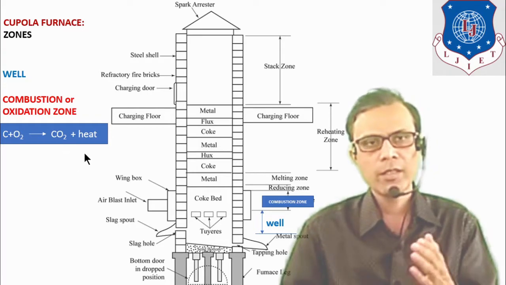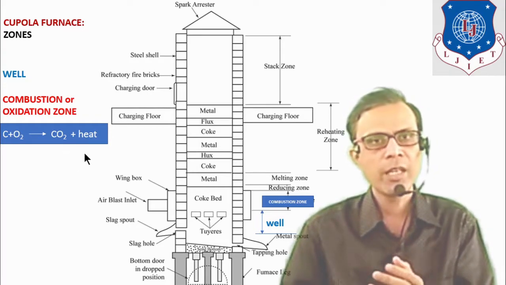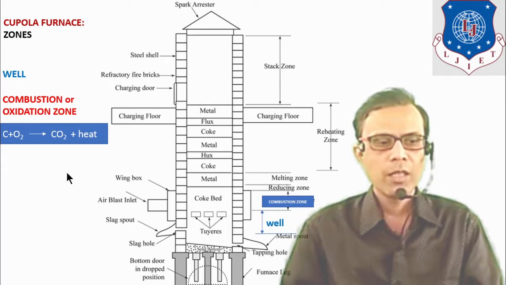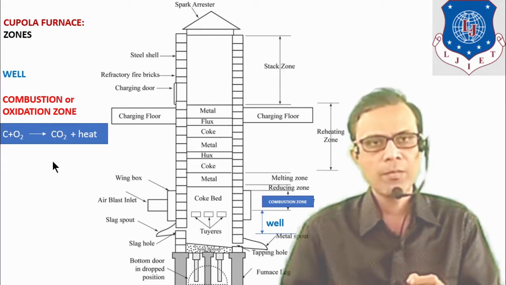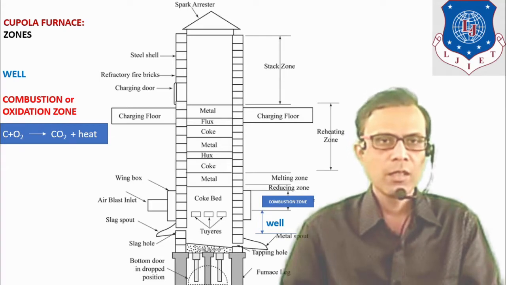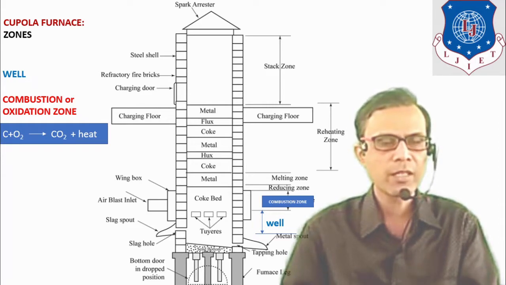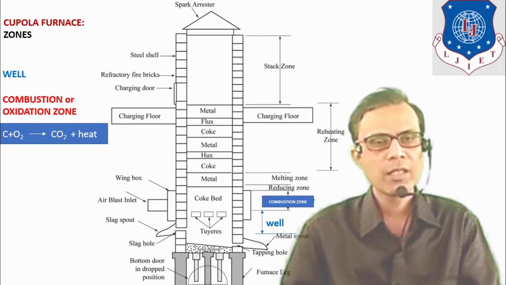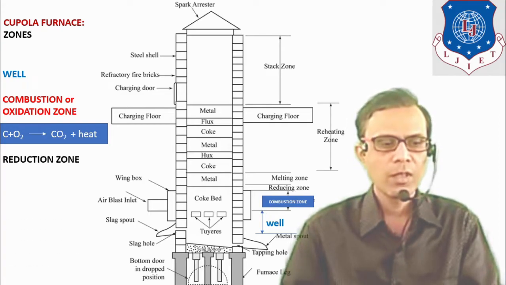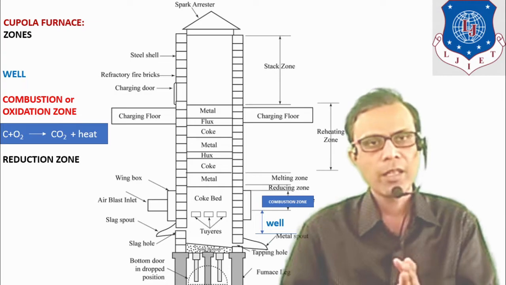So it is a reaction in which heat is liberated. If the scrap or raw material contains manganese, then manganese may also be oxidized, or if it contains silicon, then it will also be oxidized, and a large amount of heat is liberated. So oxidation takes place in the oxidation zone.